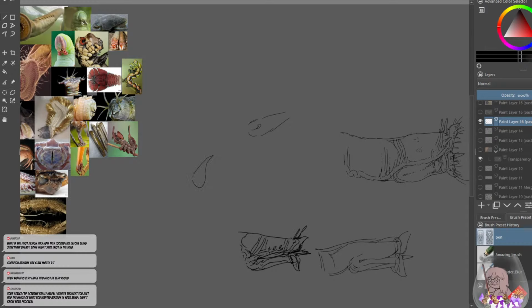What if the first design is what they looked like before they were selectively bred? I mean, yeah, that could be a possibility as well, but that still means that I have to actually draw the selectively bred version. Okay, I don't think the claws are gonna work. Because the thing is, I like the folds of skin that go over the beak, and I like that the beak is really thick.